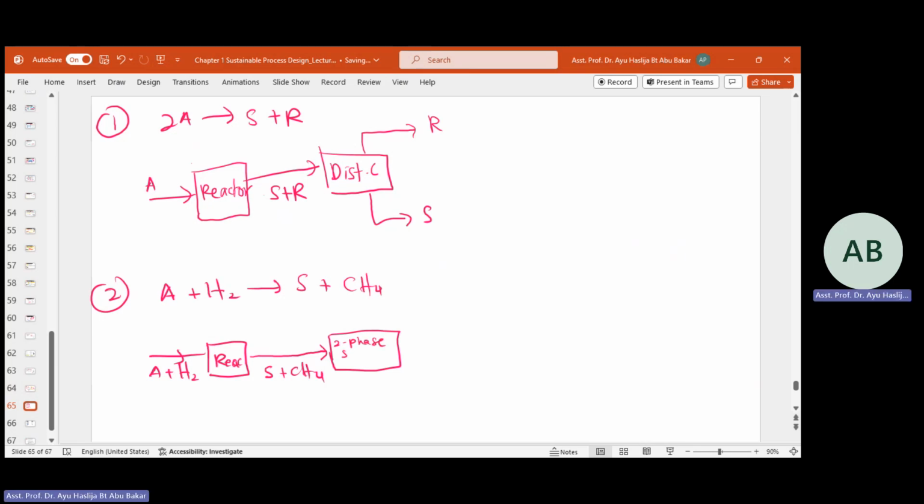Why do you need a two-phase separator? One gas and one liquid. Okay, you assume S is liquid. Not assume, you already mentioned, right? Solvent, liquid. Okay, can? So here the output will be CH4 and S.